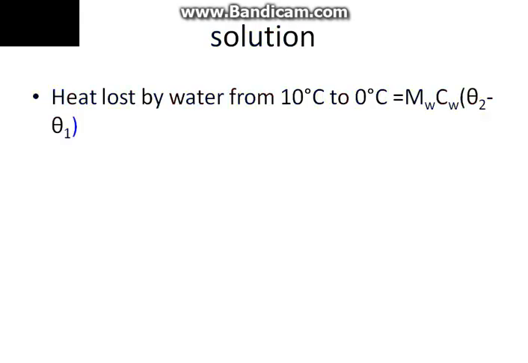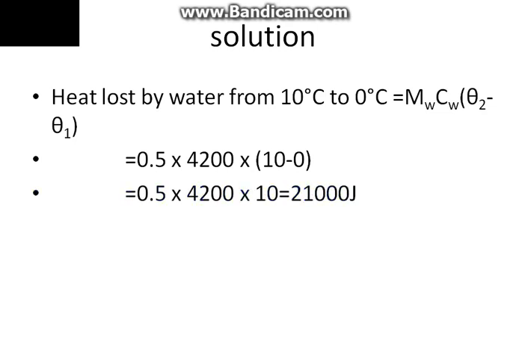Solution. Heat lost by water from 10 degrees centigrade to 0 degrees centigrade is equals to MWCW(theta 2 minus theta 1), which is equals to 0.5 times 4,200 times (10 minus 0), which is equals to 0.5 times 4,200 times 10, which is equals to 21,000 joules.